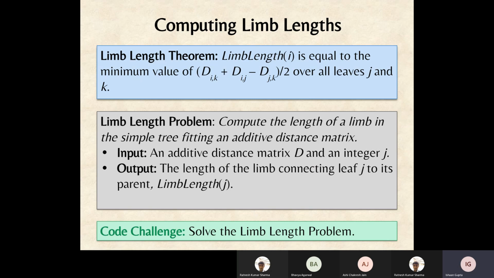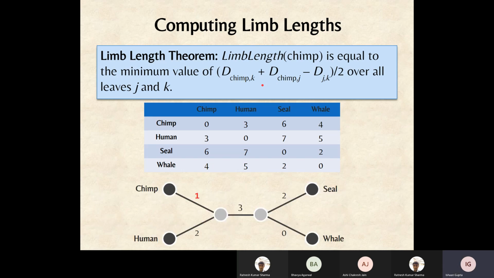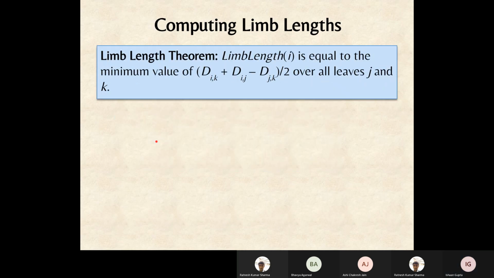I cannot show you the computation of simple mathematics here. So I, K, J, you have to compute all these things. If you want to calculate for J, you apply the formula: IJ plus IK minus JK, divided by 2.